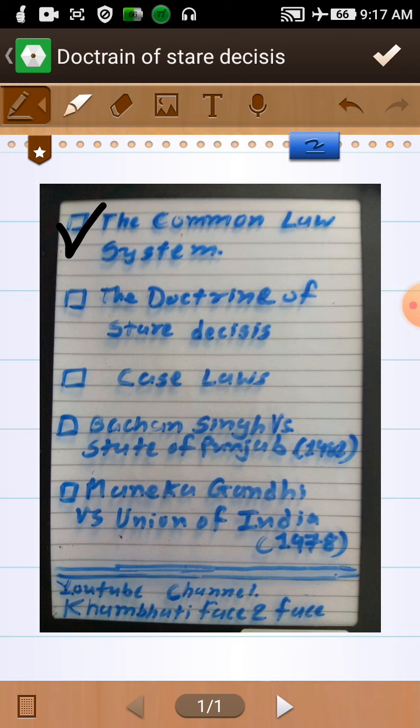If a similar dispute has been resolved in the past, the court is usually bound to follow the reasoning used in the prior decision. This principle is known as stare decisis.